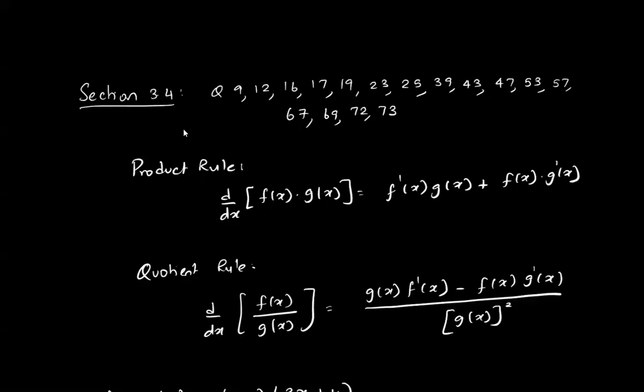And in the quotient rule, you have what is given here, which is the denominator function times the derivative of the numerator minus the numerator function times the derivative of the denominator, all over denominator squared. Now, for the quotient rule, the order is important. For the product rule, it's not. You can reverse the order and you'll still get the same answer.